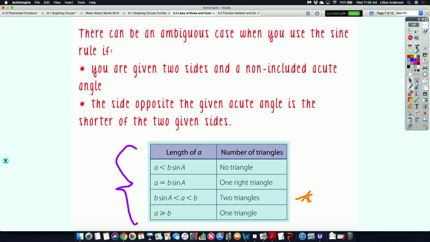And you need to check for the ambiguous case when you're given two sides and a non-included angle, and that non-included angle is acute, and the side opposite that acute angle is the shorter one out of the two.